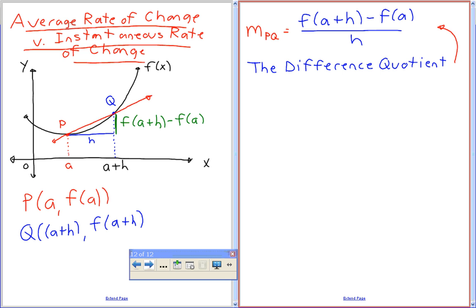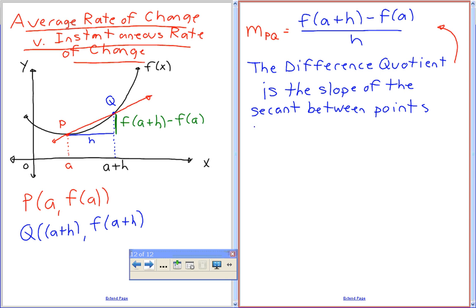It is the slope of the secant between points P, a and f of a, and Q, a plus h. Remember, h is the difference between the 2 points in the x direction.